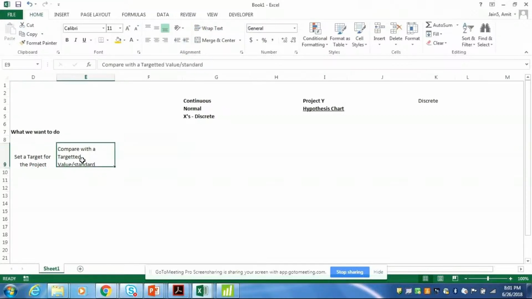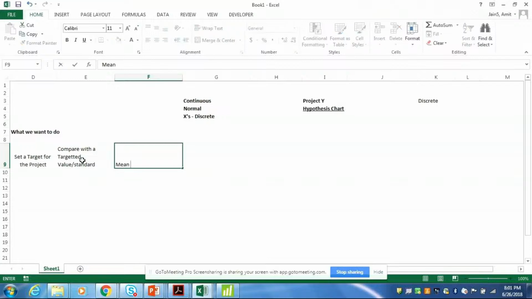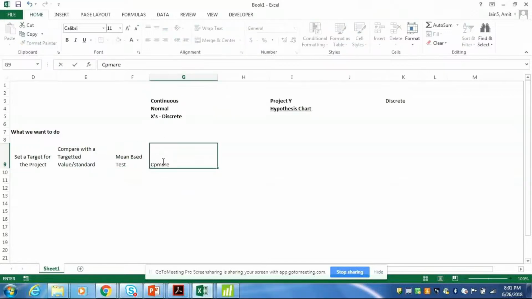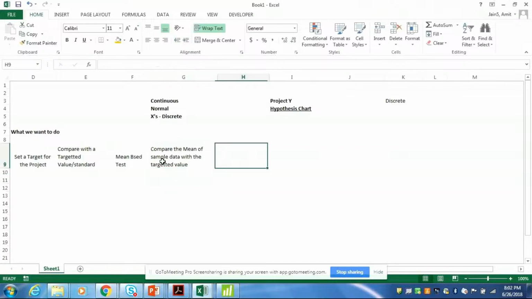This test is a mean based test. What it would do is compare the mean of sample data with the targeted value and tell you if there exists a significant difference between the sample mean and the targeted mean.